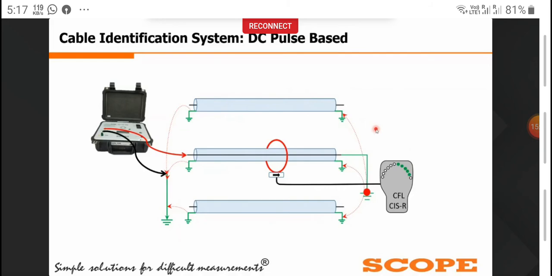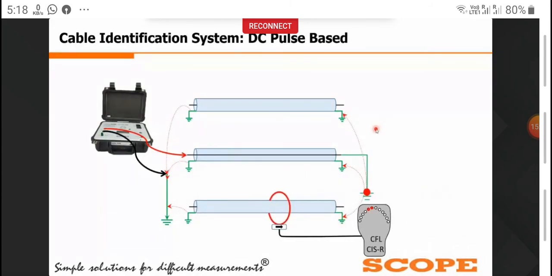That's why the green LEDs are indicated on the receiver, which means this is our wanted cable. Similarly, for other unwanted cables, we will get the red or unwanted indication on the receiver. So this is the complete cable identification system using DC pulses.